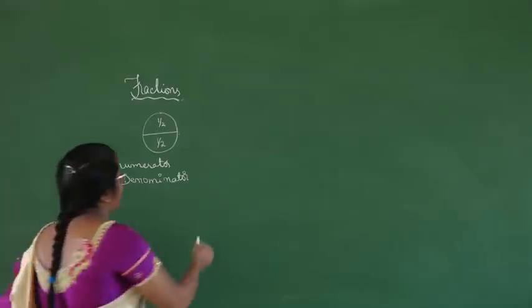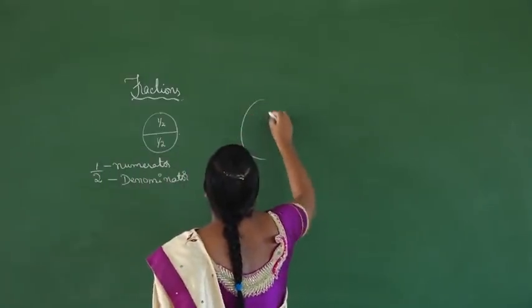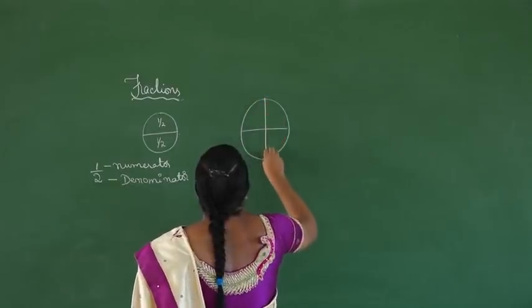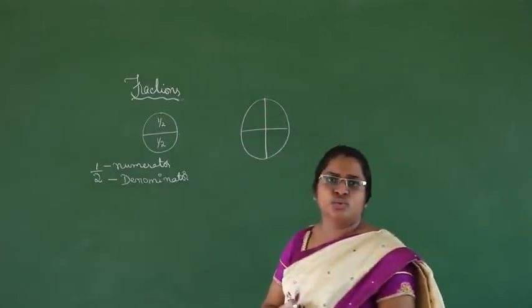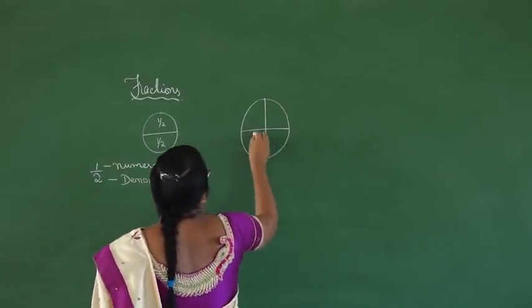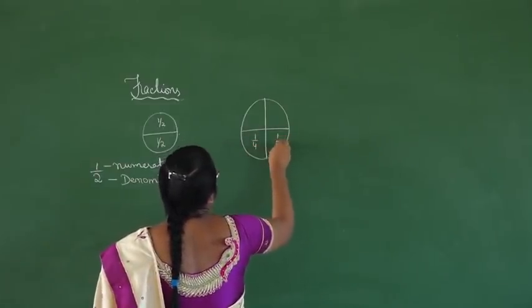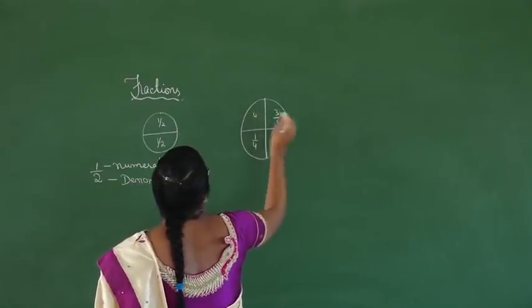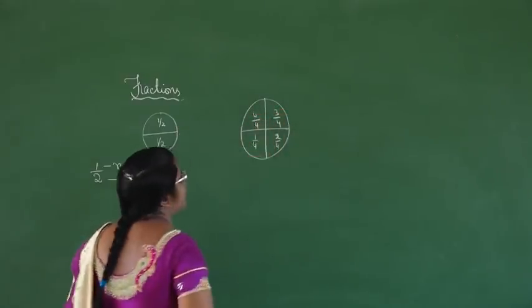Suppose an apple is divided into 4 parts. That is 1 by 4, 2 by 4, 3 by 4 and 4 by 4.